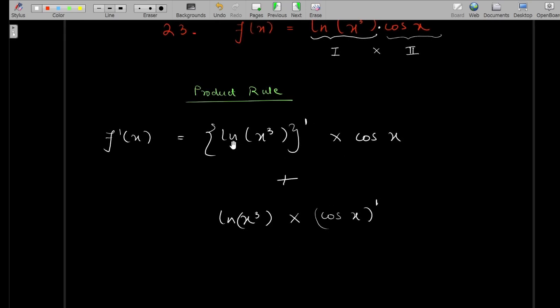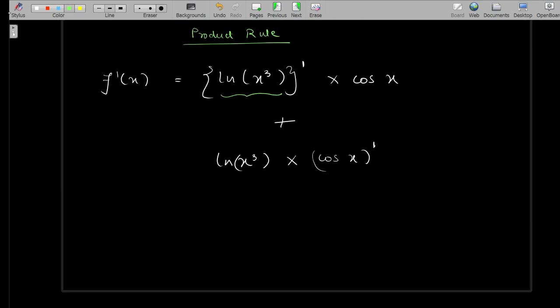Now to find out the derivative of ln x cube, here there is composition. Can you see this is a composition of two functions? Yes. So what will be the derivative of ln x cube?